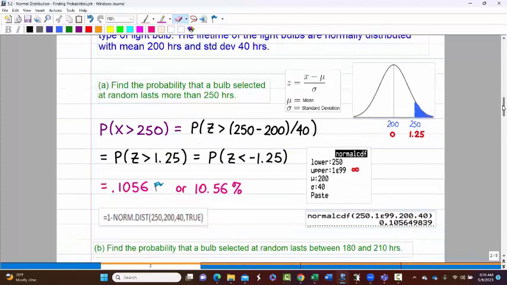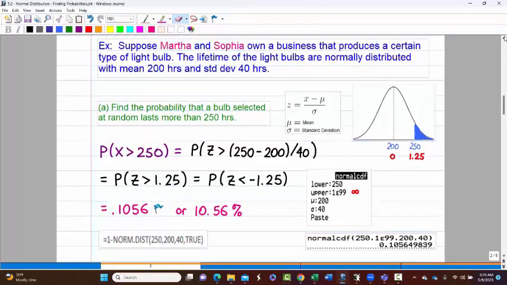So we have a normal distribution that has a mean of 200 and a standard deviation of 40. Okay. And the first question says, find the probability that a bulb selected at random lasts more than 250 hours.